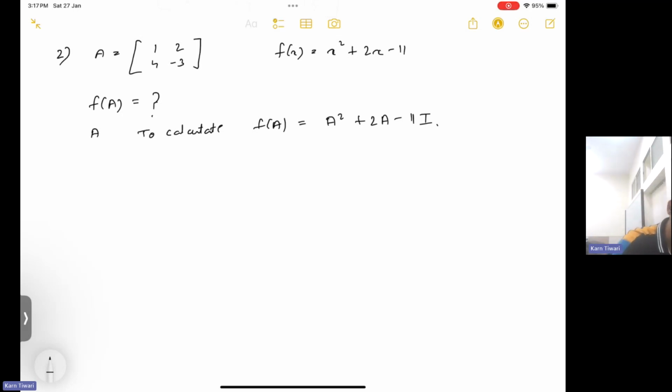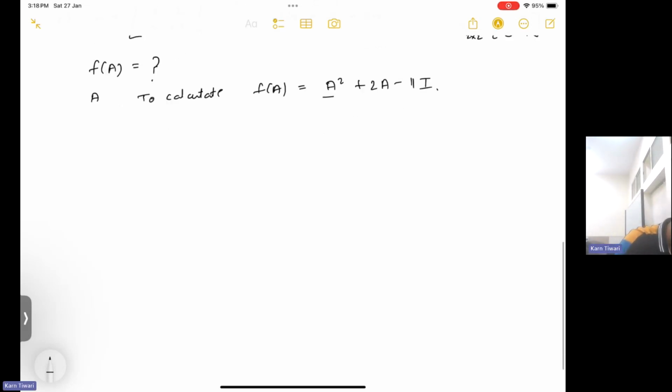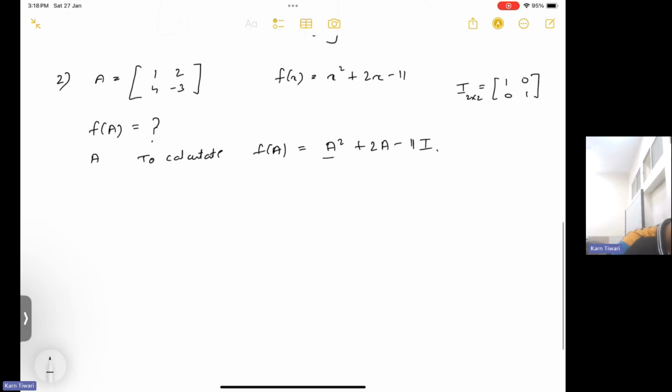So just remember the convention that whenever we are having a matrix, identity is basically 1 0 0 1, means all elements ones along the diagonal. So this is what we call identity of shape 2 cross 2. Okay, so basically we need to compute A square plus 2A then minus 11I, where I is the identity matrix.